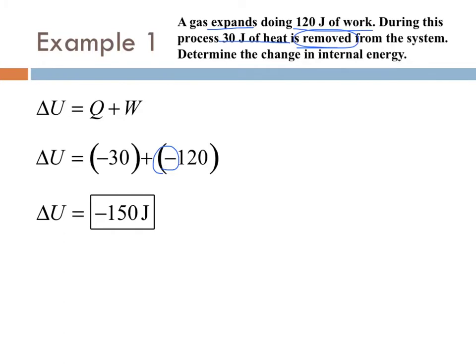Again, we're losing internal energy. So we have a negative 30 there as well. What we're asked is to determine the change in internal energy. Well, if we've lost heat and work was done by the gas, then both of these negatives are going to add up, and we're left with negative 150 joules of change in internal energy.